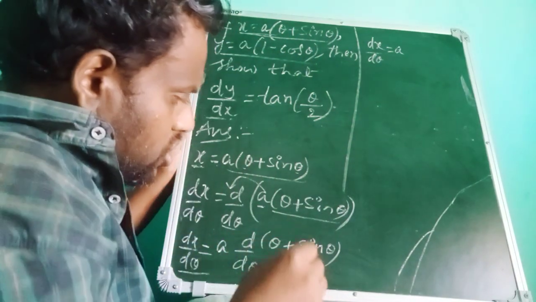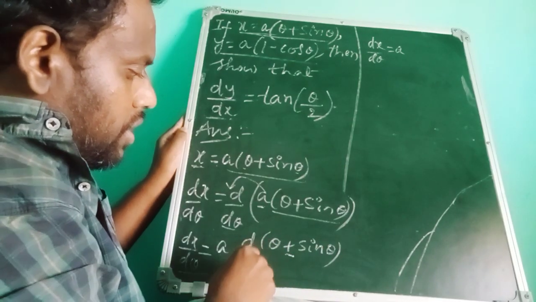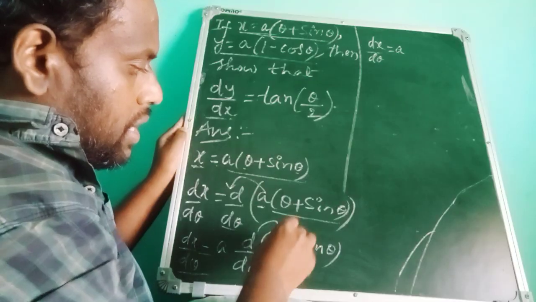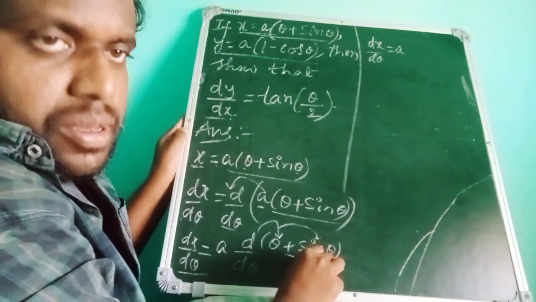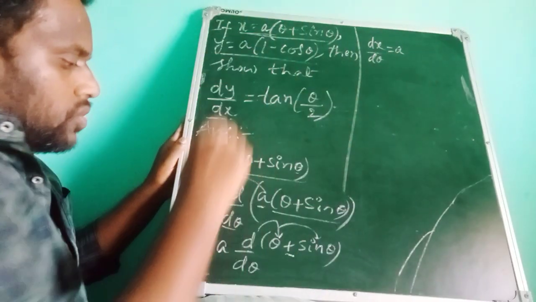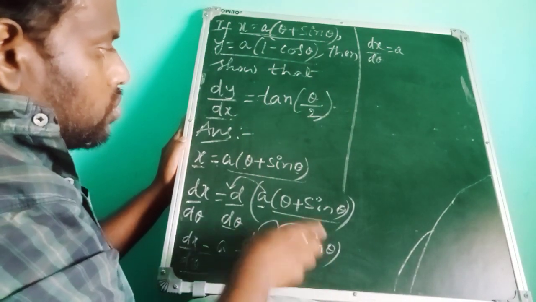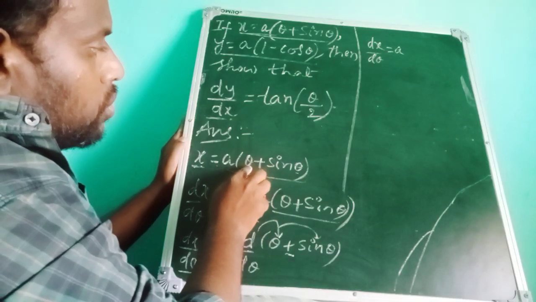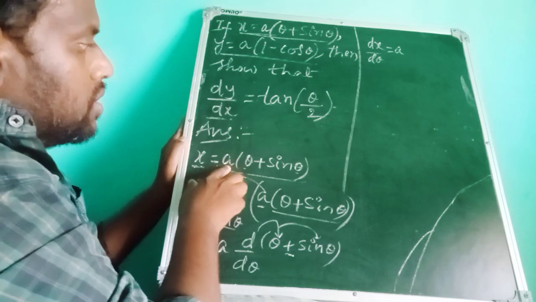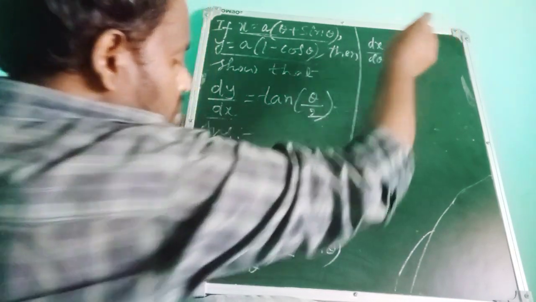Since plus is there, you can take d by d theta for theta separately, then for sine theta separately. This constant is applicable for both. Both theta plus sine theta is inside the bracket, outside the bracket a is there, so after a you have to put bracket.